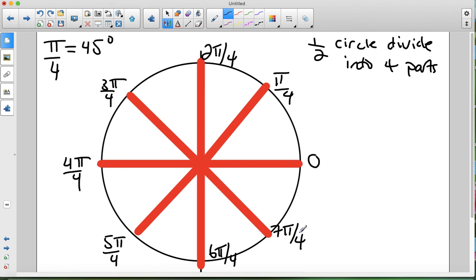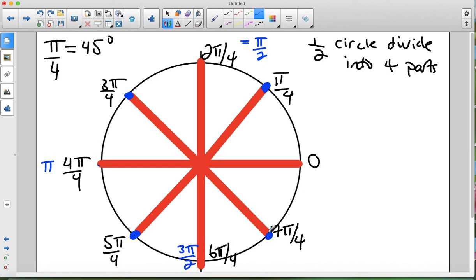Now look at the circle and think of which ones you can reduce. So this one, no. This one, absolutely. This one, no. Can you reduce this? Absolutely. Pi. This, no. This, yes.